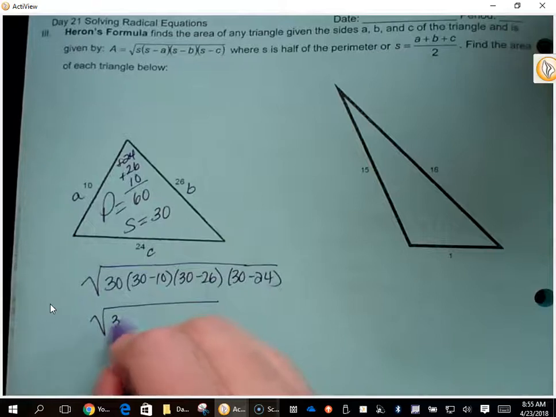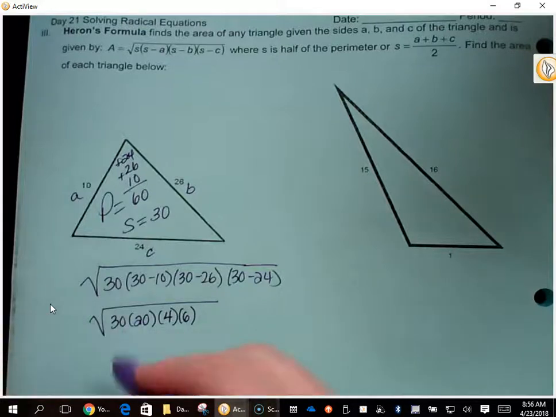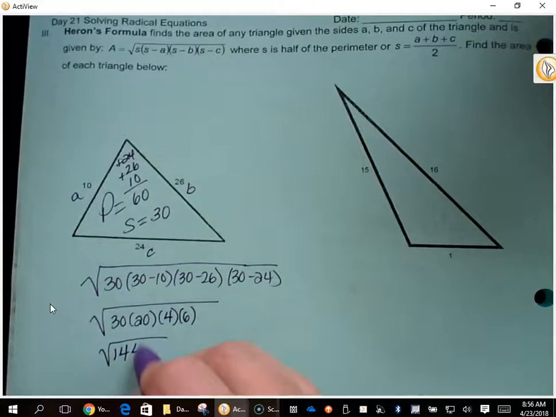So we have 30 times 20 times 4 times 6, which is 14,400, and we take the square root of that. Our answer is 120. And so that's our area.